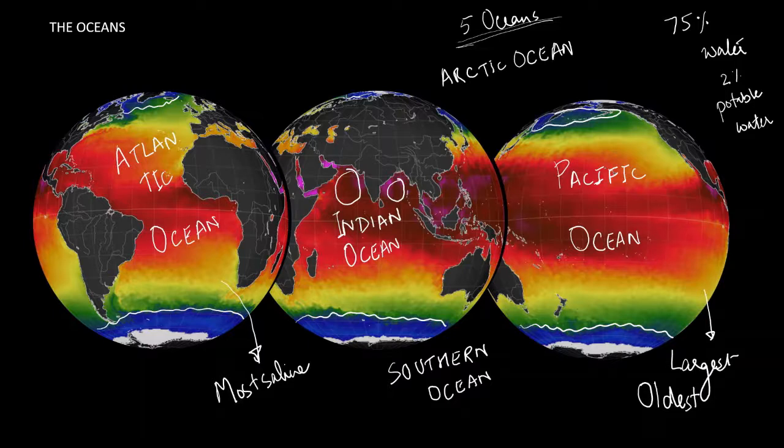The Atlantic Ocean is the ocean where the deep ocean circulation begins. So these are a few facts and figures which you should always remember about the ocean: the oldest and largest ocean is the Pacific Ocean, the most saline ocean is the Atlantic Ocean, and deep ocean circulation begins in the Atlantic Ocean.